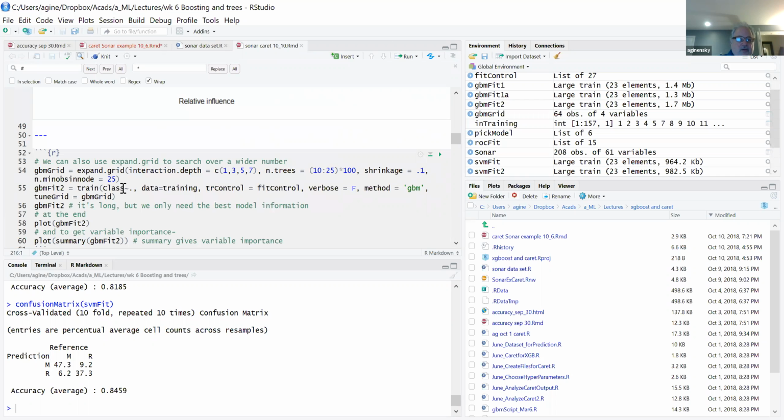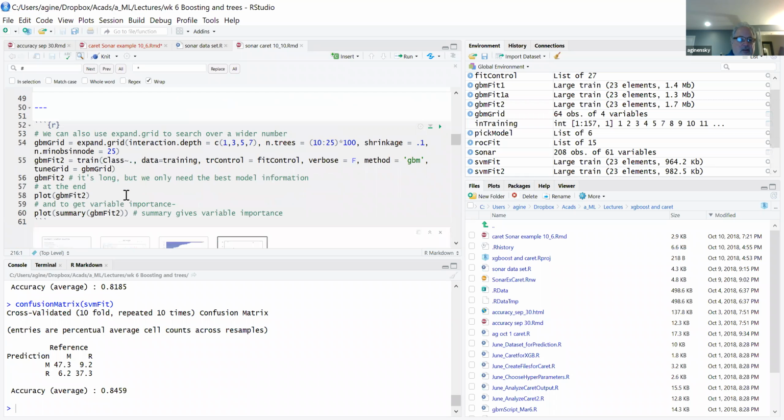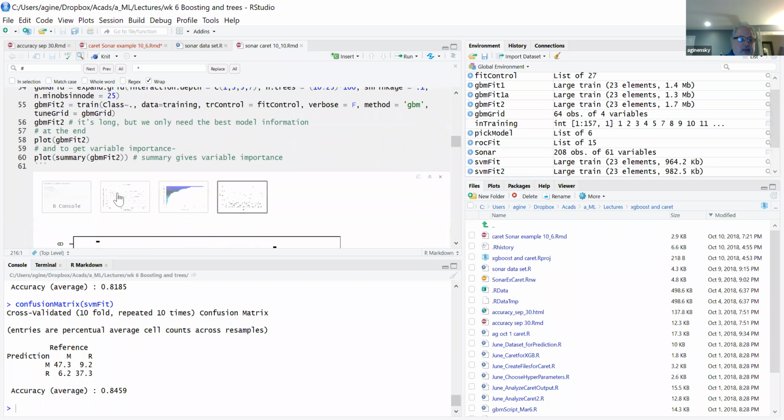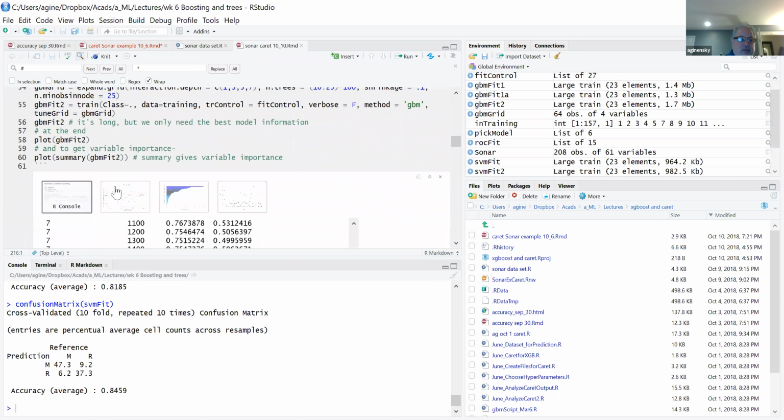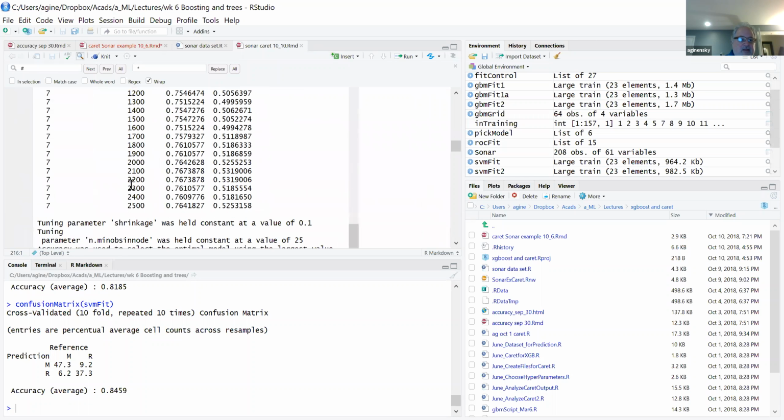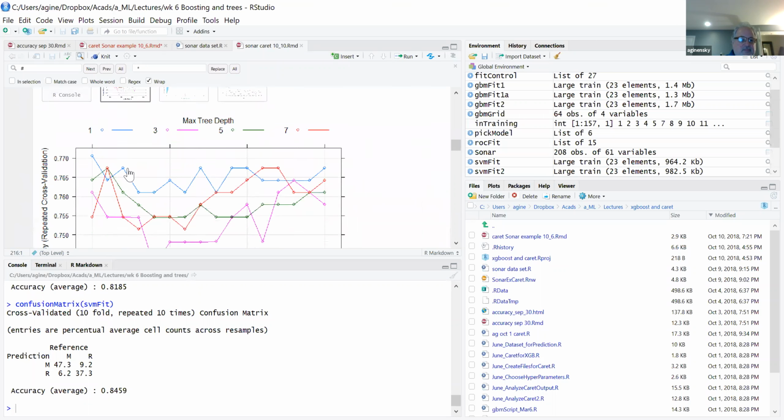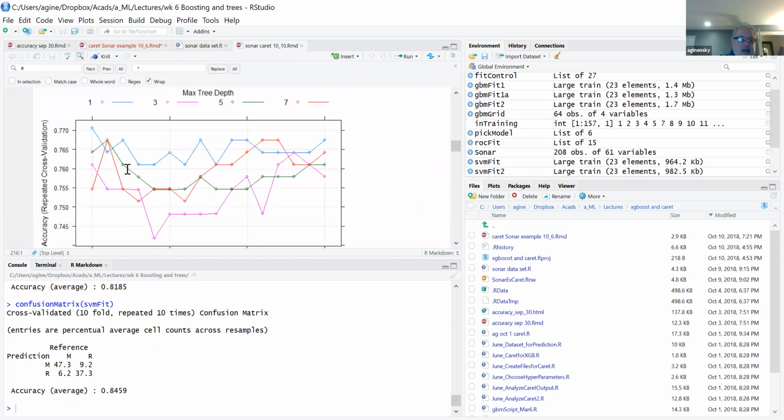And then you do the exact same thing. The only difference is you tell it that the tuning grid is what I call gbm.grid. And it'll go through it, and you get the same sort of information out. It'll give you the best models. It's a little more confusing now to look at. But interestingly, notice how the ones that do best have the fewest trees.